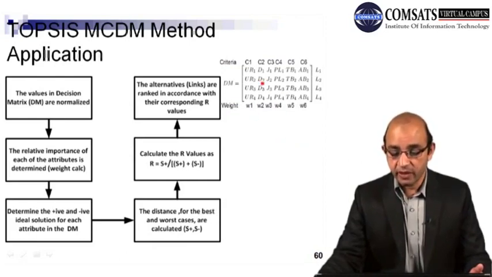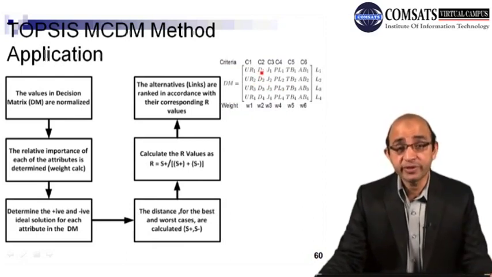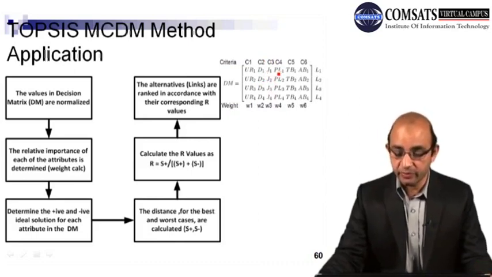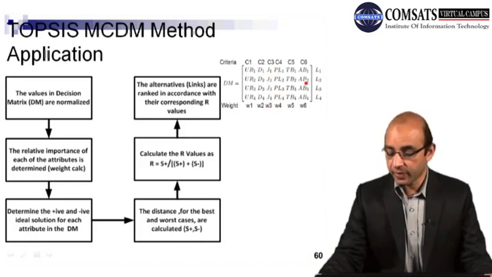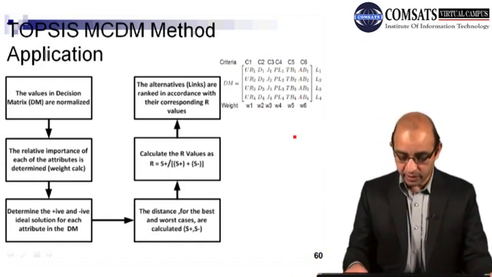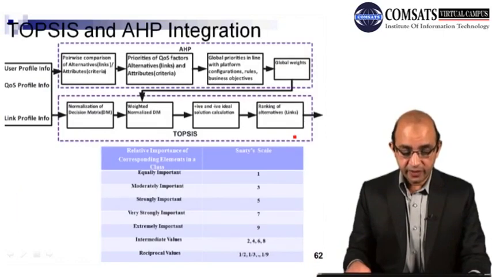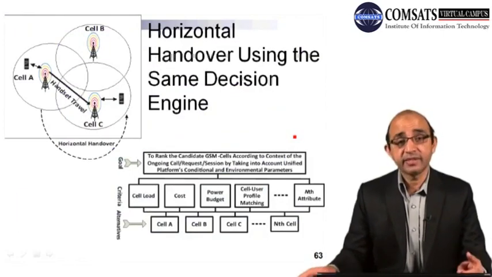For example, if I'm going to have a voice communication, in that case I cannot afford jitter, right? Packet loss, okay, I will give less weight. Jitter I cannot afford, I need reasonable bandwidth, right? So here are the results that are calculated, and then we have integrated something, and this is important.